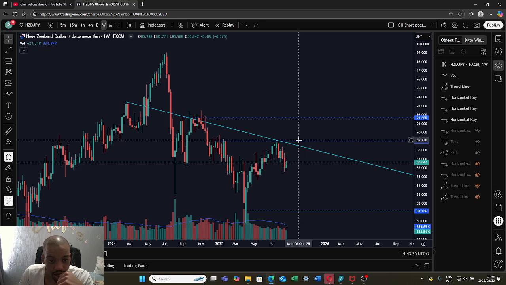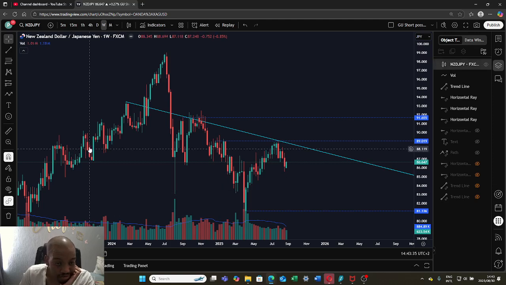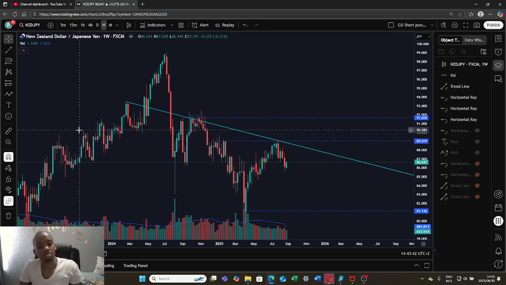Not too bad. That cuts through structure. We'll keep it like this, but unconfirmed here.